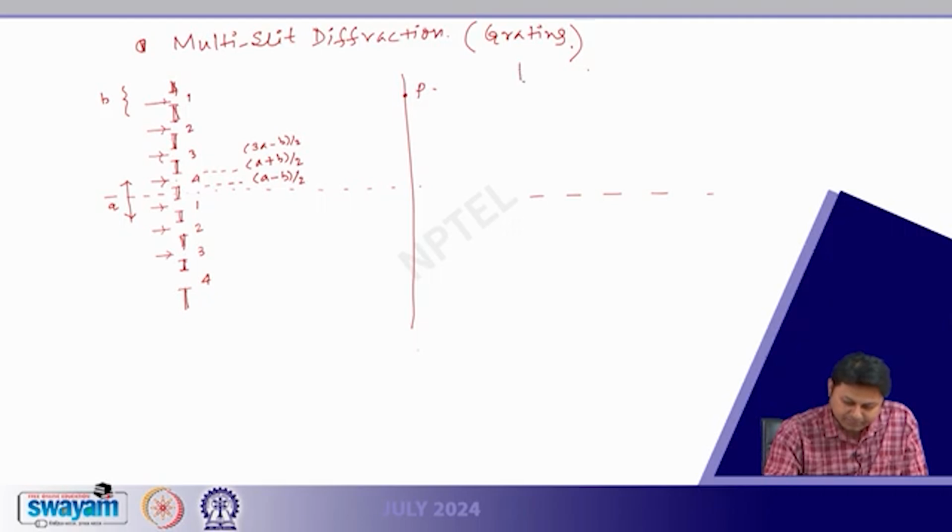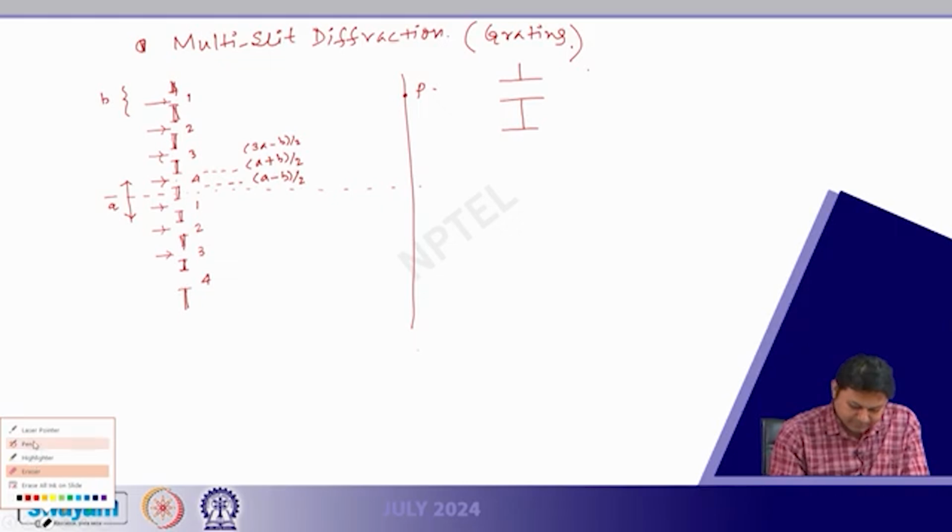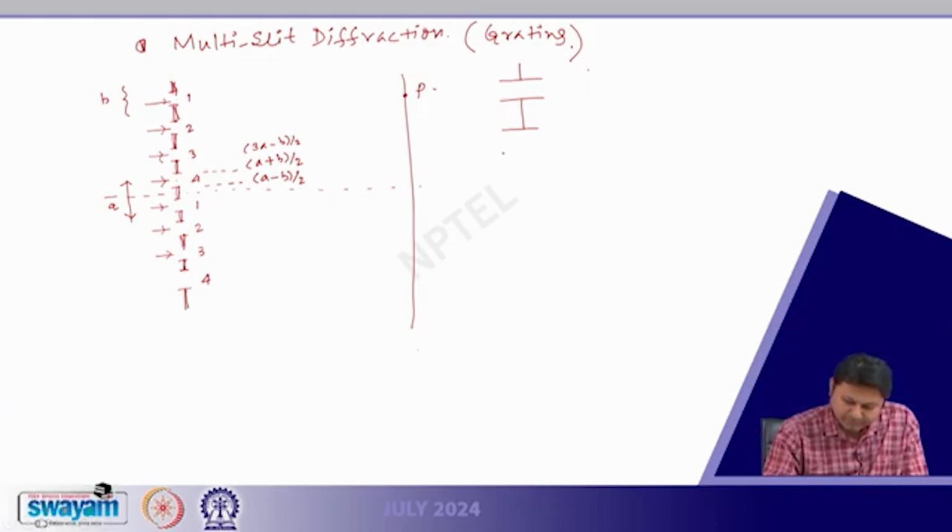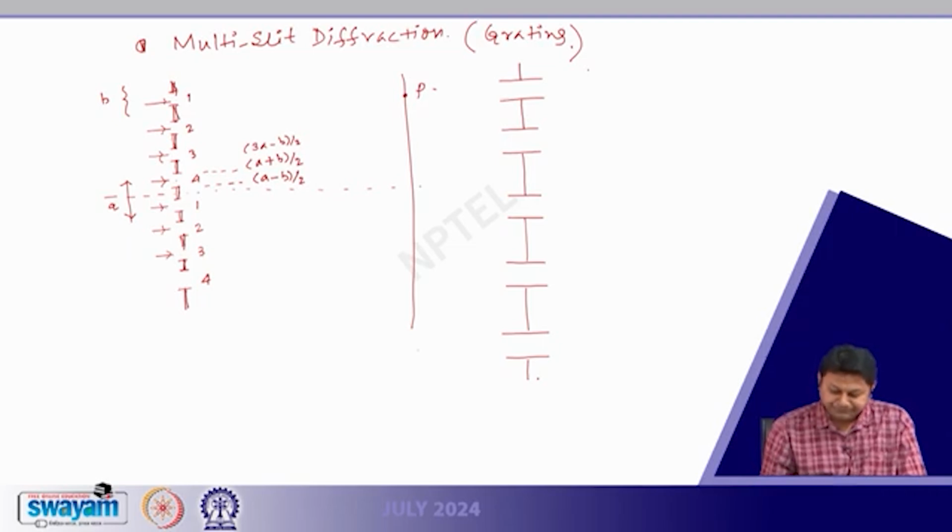I have one slit, and then I have another, and another, and another. Now, suppose this is my central point.